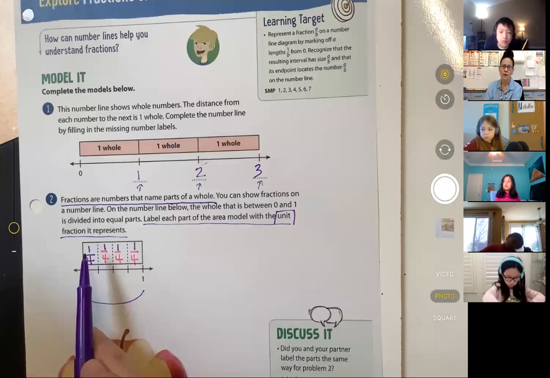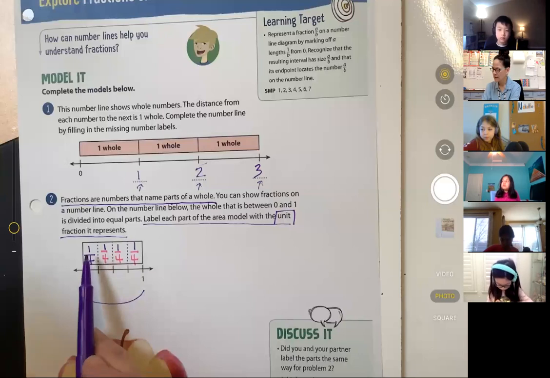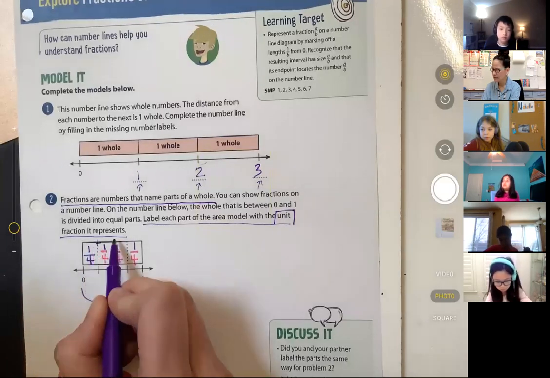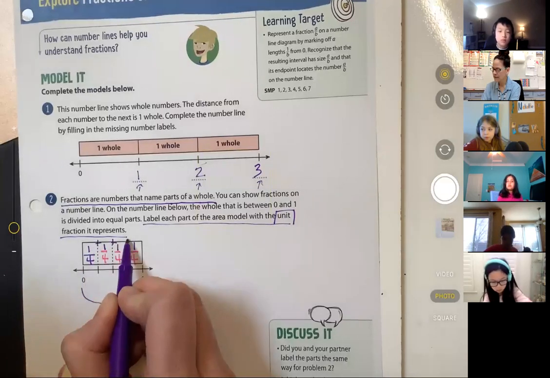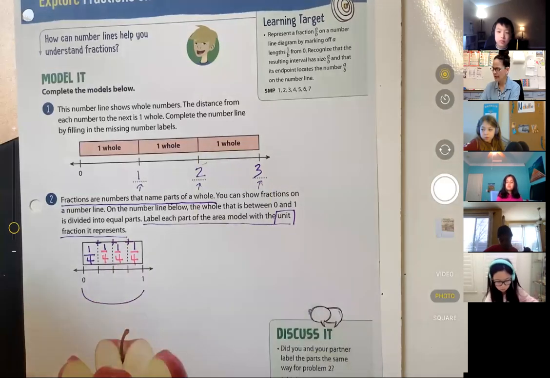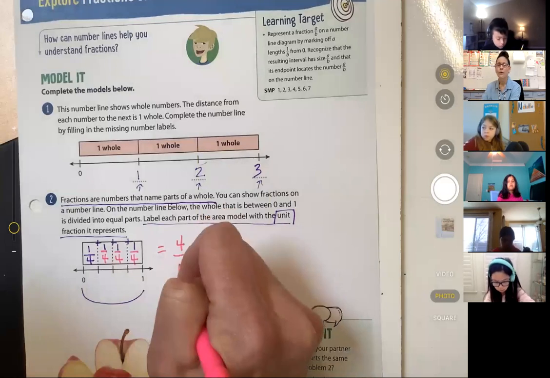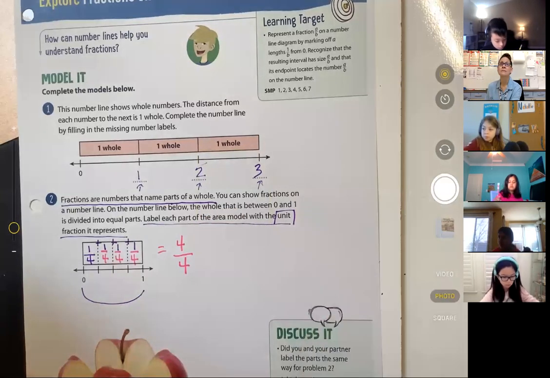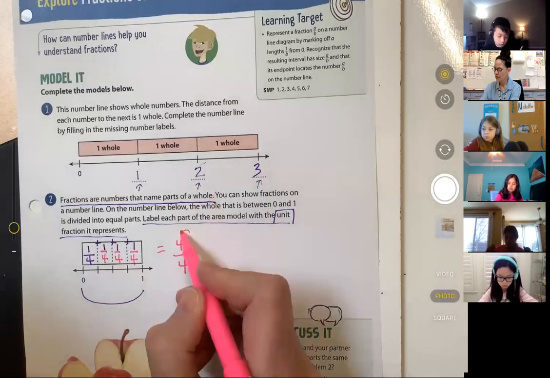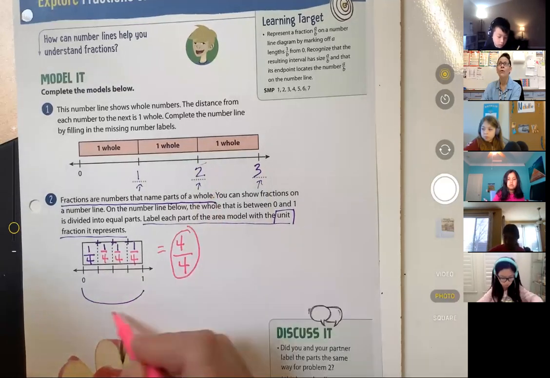And that would represent the whole. So you could say this one plus this one plus this one plus this one is going to equal 4/4. That's the whole pizza.